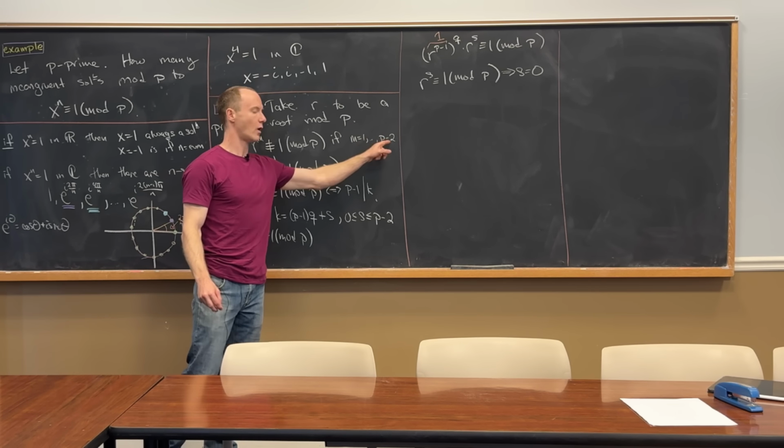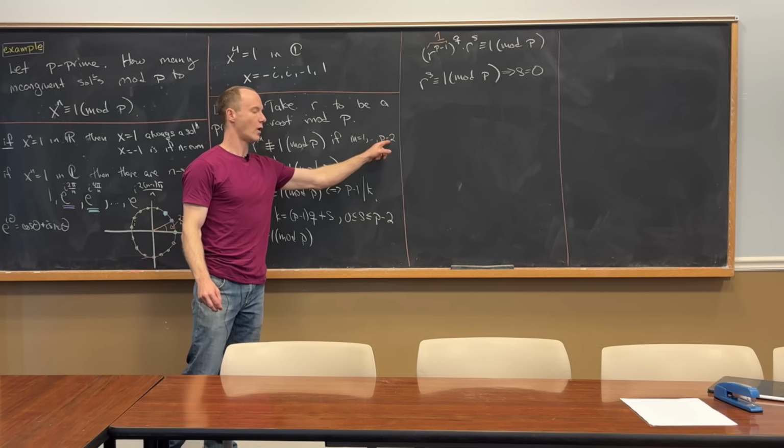But having p minus 1 as the order means that p minus 1 is the smallest positive number that makes this happen. Look, s is below that, but it's also allowed to be 0. So that means s has to be 0. But now notice if s is 0, that means that p minus 1 divides k, right? Because we have a remainder of 0. Okay, so we've got that, right?